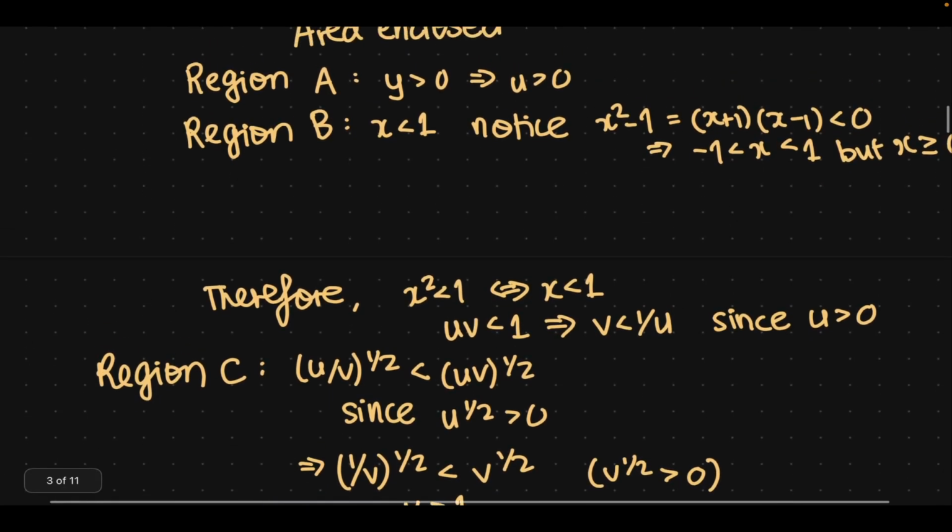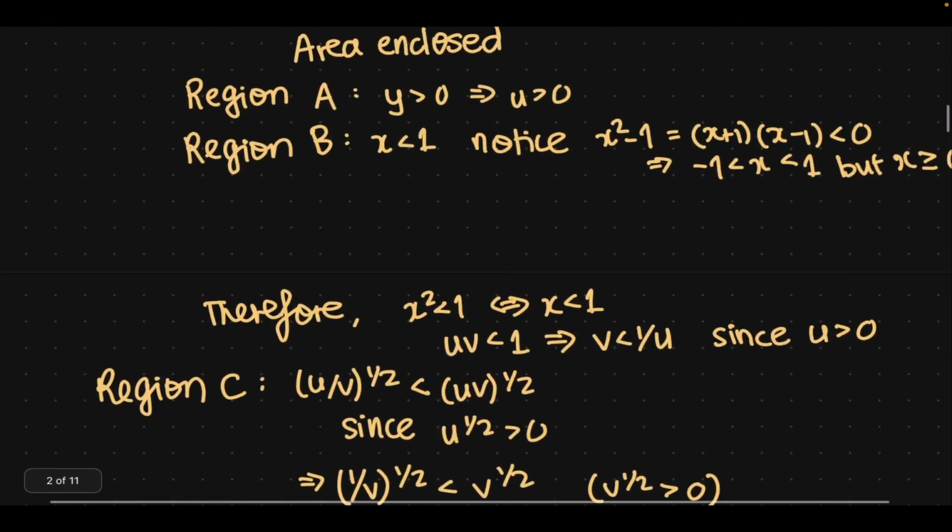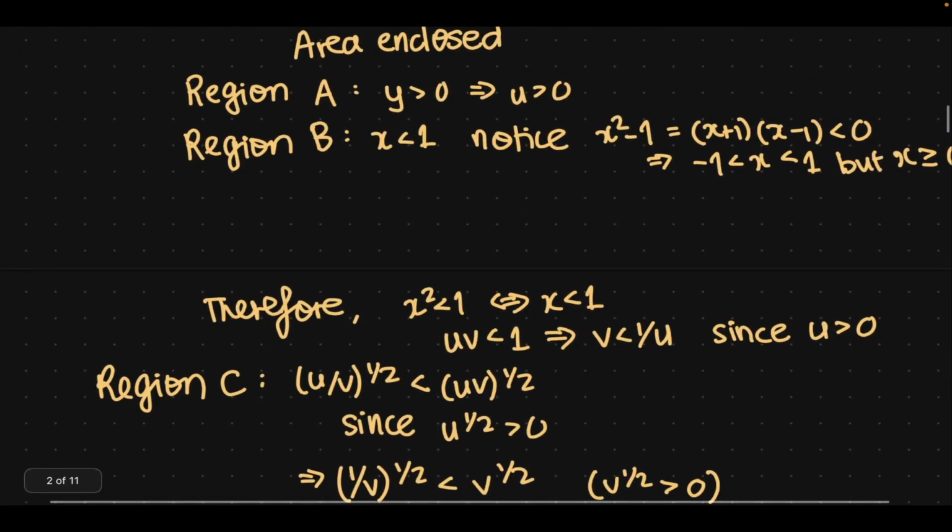Now region C, for region C we have y is less than or equal to x, or rather y is less than x. We're not considering the equality right now because it simply doesn't matter. That's just the boundary. u over v to the 1/2 is less than uv to the 1/2. Now we can cancel u from both sides because u to the 1/2 is greater than 0 and u itself is greater than 0.